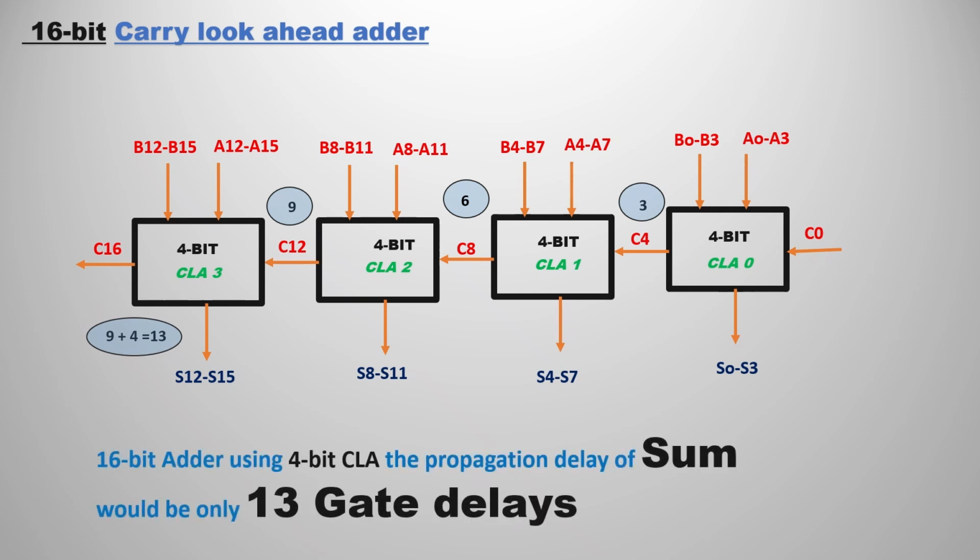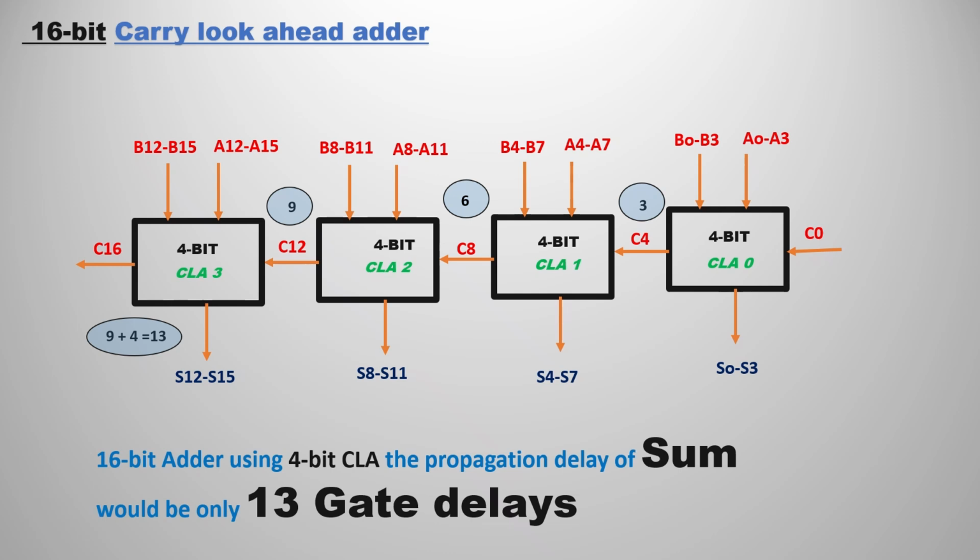Now we are going to see the sum. For the last sum output, S15, we need to find the number of logic gate delays required to obtain it. We already saw the carry, that is 12 logic gate delays. If you observe, C12 is at 9 logic gate delays.